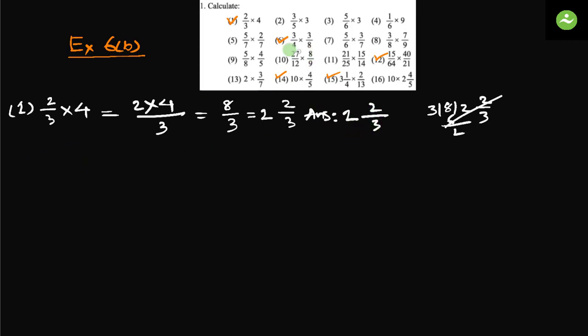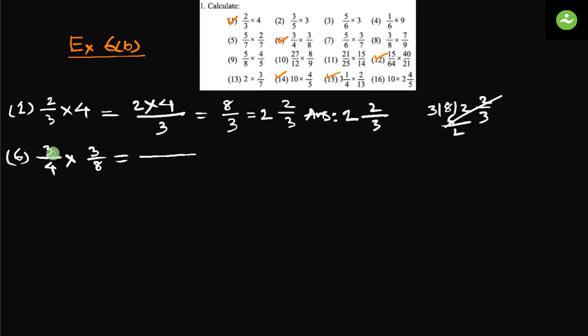Number 6. 3 over 4 into 3 over 8 equals to. So how do we multiply?